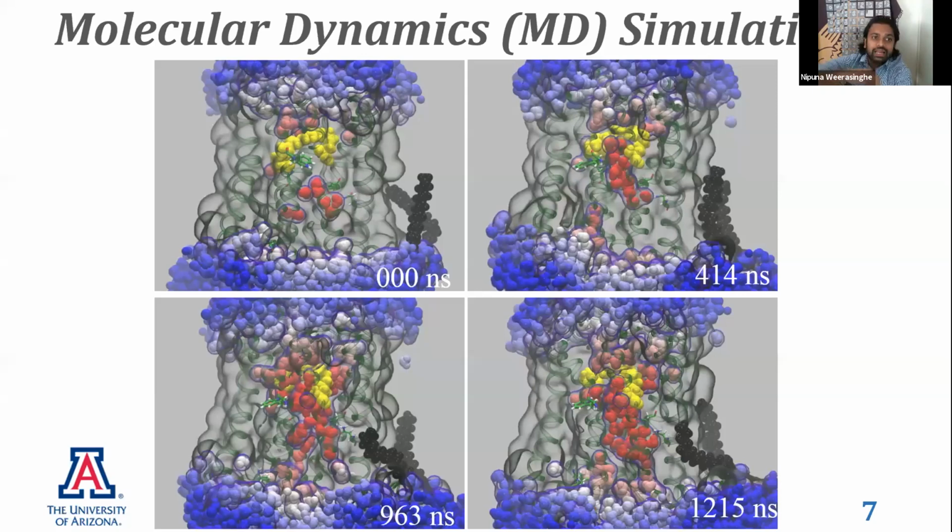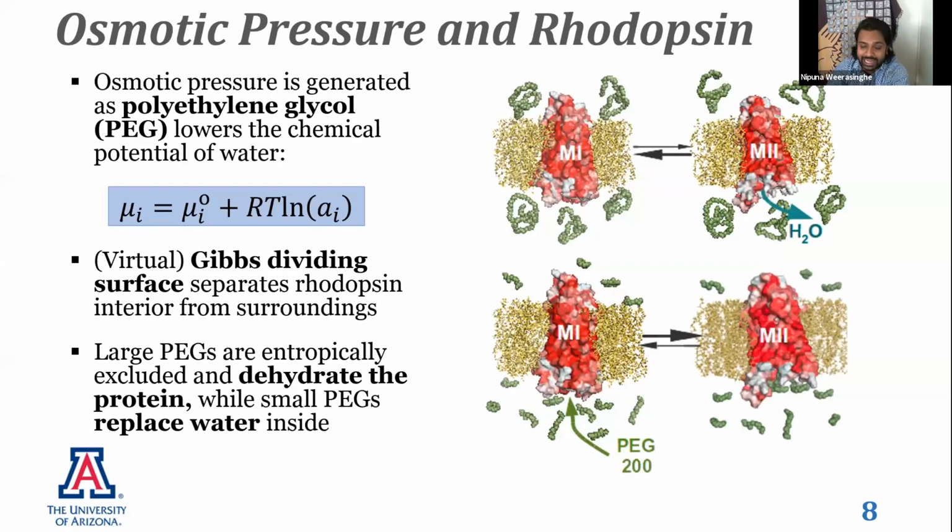So to address these inconsistencies, we carried out a set of experiments using rhodopsin in its native disc membrane and under different osmotic pressure conditions.